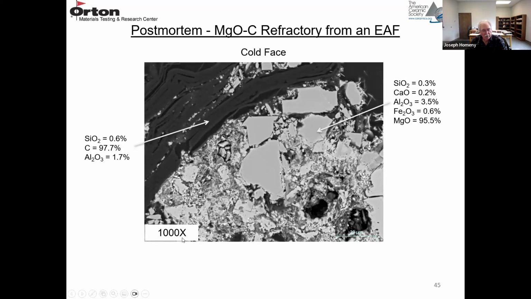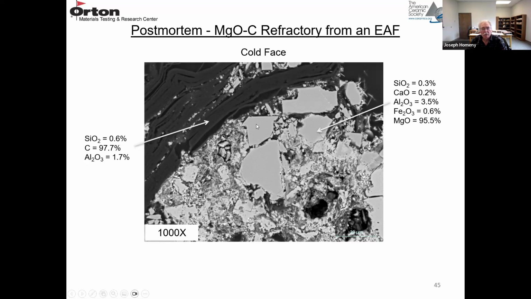So going up to 1000x, you can clearly see the carbon, the graphite flakes. You can see delamination, that's the microcracking. So this particular flake graphite's about 98% carbon, and there's some silica and alumina impurities.